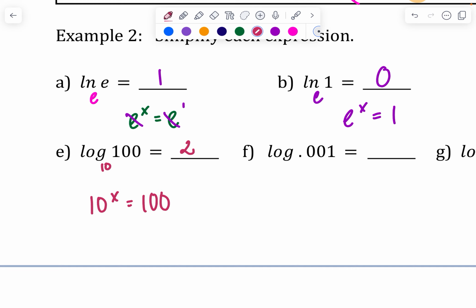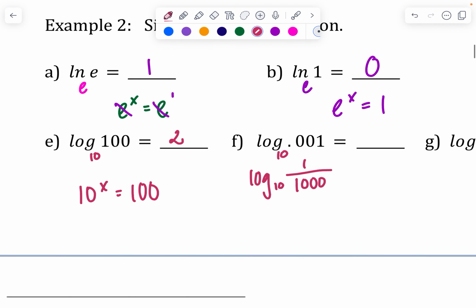Same thing with part F. It says log of 0.001. So this is the common log, so it's really log base 10 of 0.001. In terms of the decimal, we can rewrite it as a fraction. So I could rewrite this problem as log base 10 of 1 over 1,000, since the decimal is in the thousandths place.